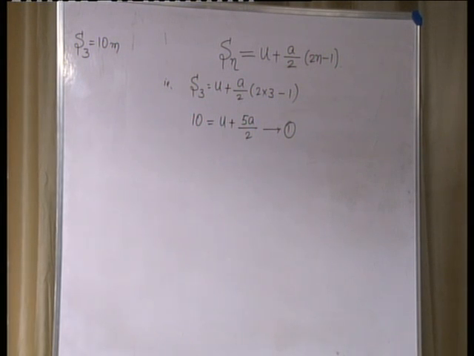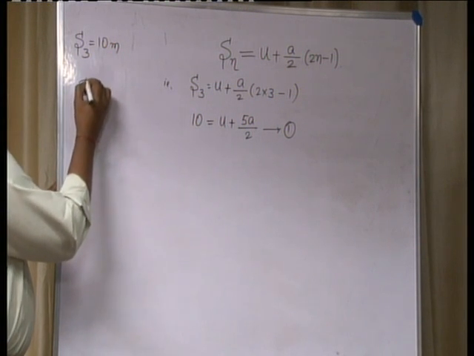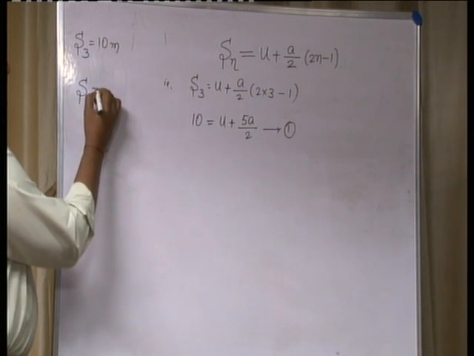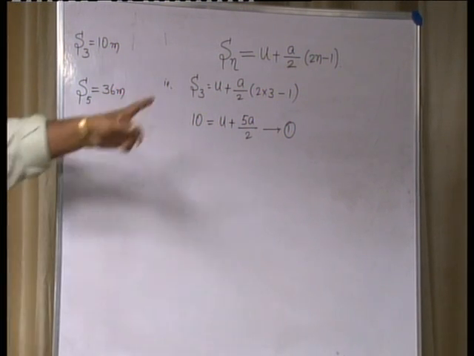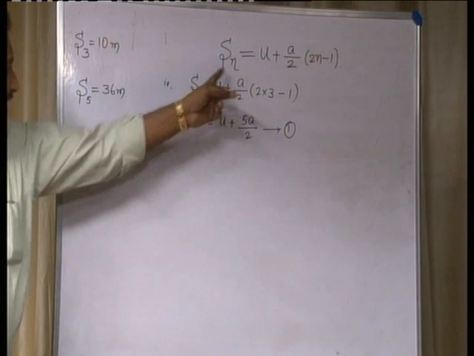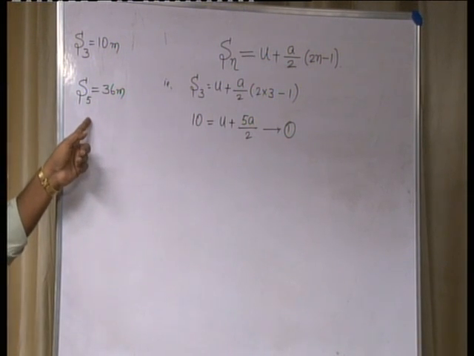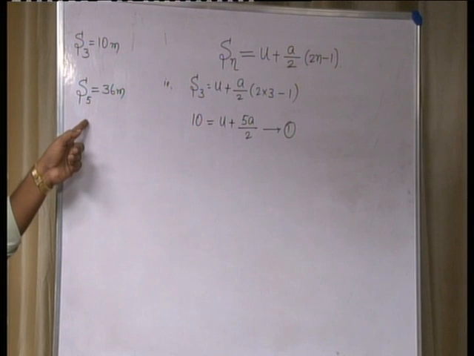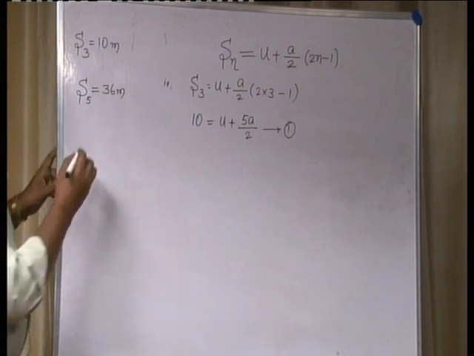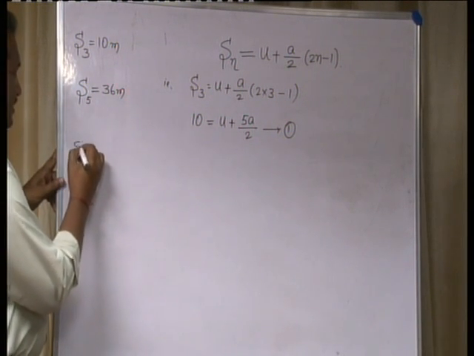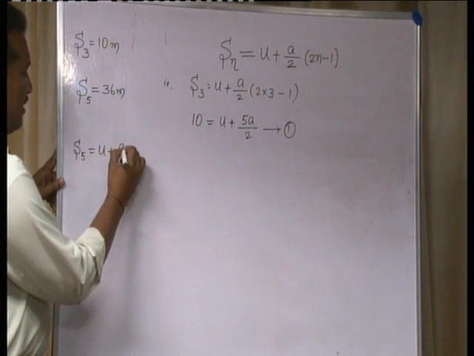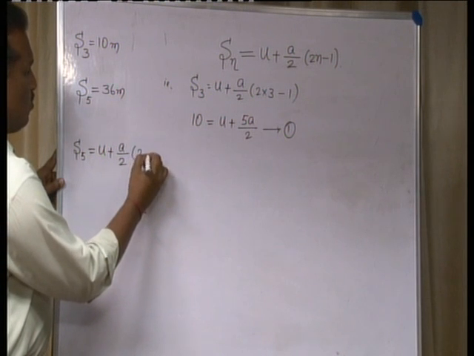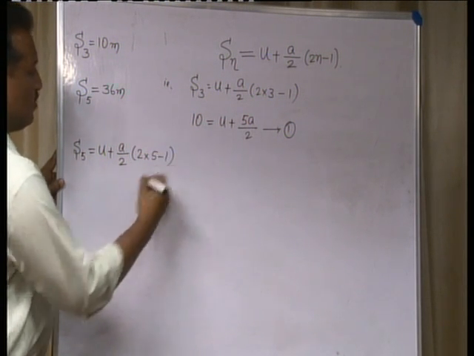And 36 meter in the 5th second means the distance travelled by a body during the 5th second of its motion is 36 meter. Now, in the original equation replace n by 5. What you will get is S5 equal to u plus a by 2 into 2 into 5 minus 1.